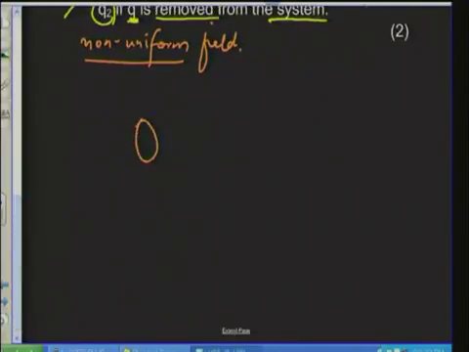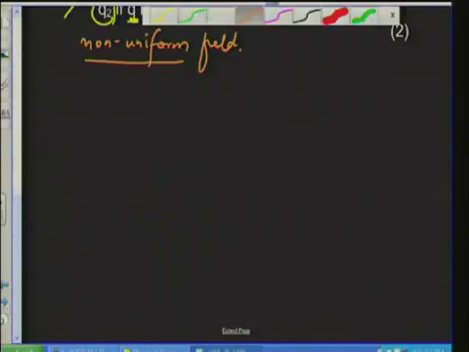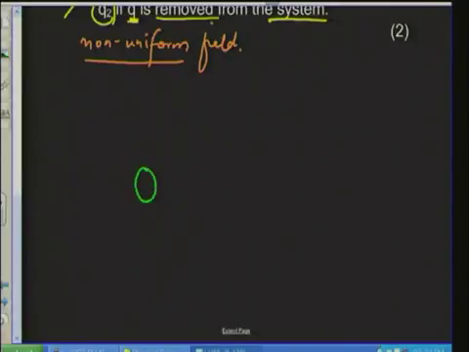One is, let me just try and draw this nicely, there we go. And say this is the positive. Okay, and then I have another one there, and that is the negative. That's Q2, negative, right? So this is negative.